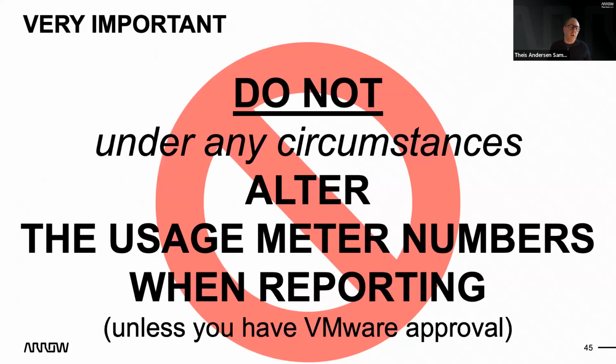I mean, if you have a valid reason, if you have an agreement with VMware that this is okay to do something, or if there's some circumstances in there, but if the numbers are coming from the usage meter being pushed into the monthly billing order, I strongly recommend not changing those numbers unless you have the VMware approval. Because if you get picked for an audit, you need to explain why this has been manually approved.